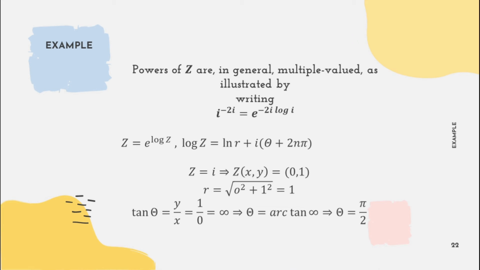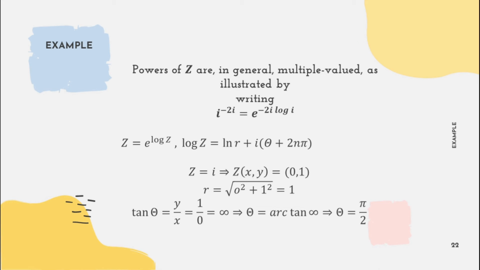From the equation, we know that z is equal to i, or in the other form, (x, y) is equal to (0, 1). Obviously, we can find the values of the radius r and theta by the formulas that we have learned in the previous material.